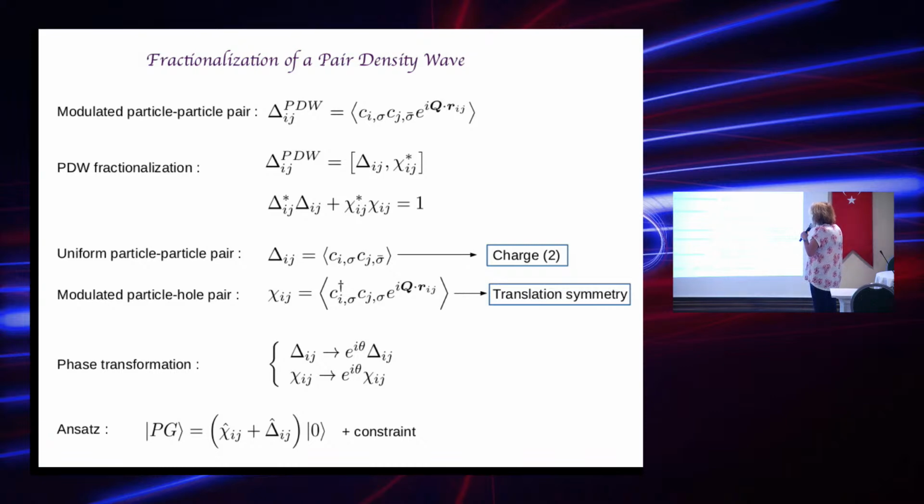Now we have a constraint, again, between the two fields, and the pair density wave fractionalized into a charge 2 boson and an operator, particle-hole, which breaks translational symmetry. Again, you have a U(1) gauge theory, a gauge field, which is emergent here. And our pseudogap is an entangled state of the two with a constraint.